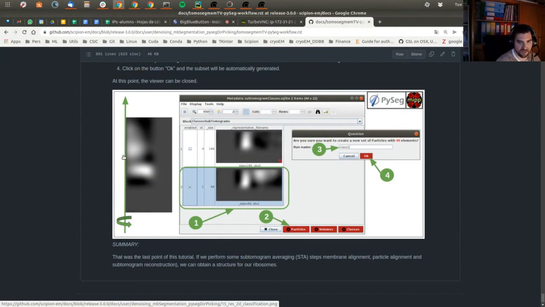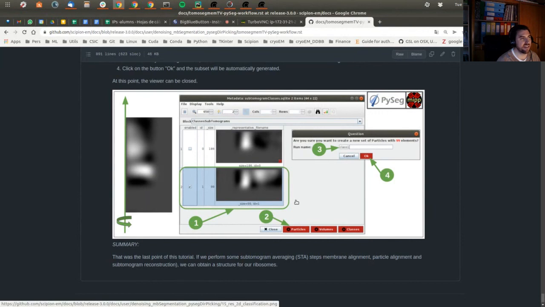So this is the result of the classes. And with all the knowledge you are going to acquire tomorrow in the whole day dedicated to tomography averaging, you can continue processing it.